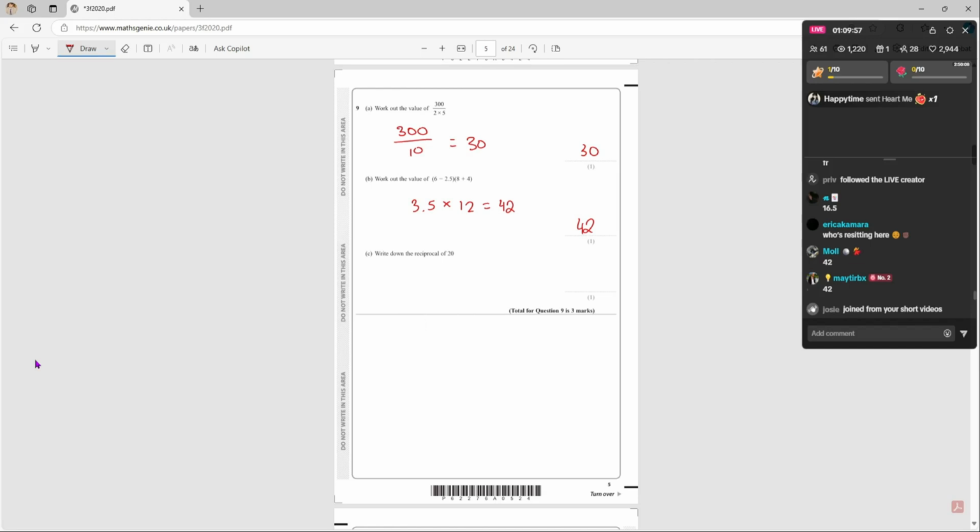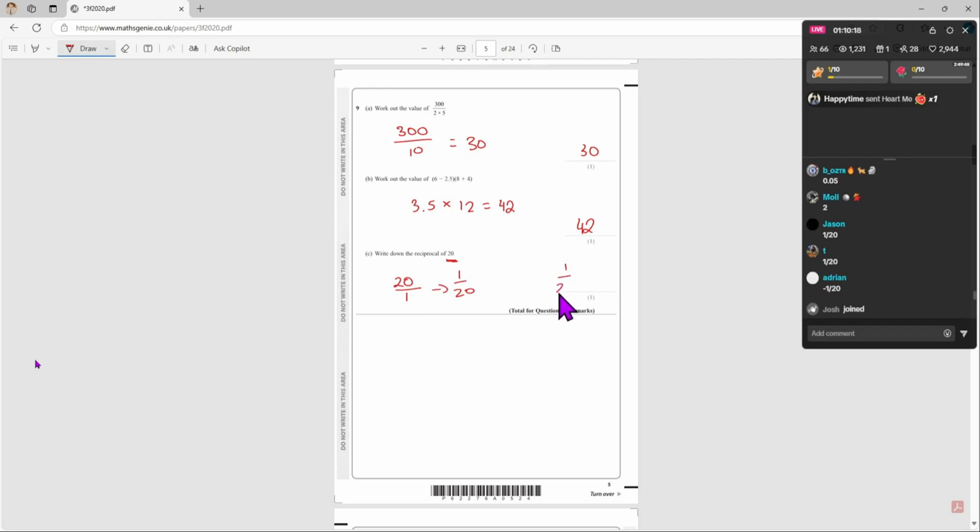What is the reciprocal? Reciprocal just means when you flip a number. We can write 20 as 20 over 1. And when you do the reciprocal, you flip it around. So you get 1 over 20. That is the reciprocal.